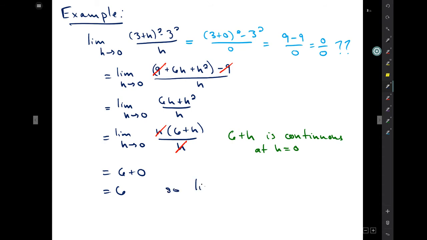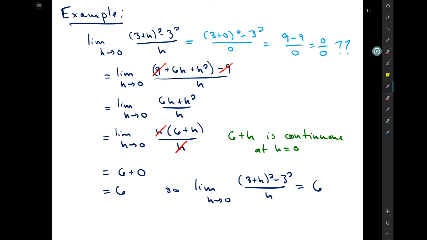So what we have is that the limit as h goes to 0 of (3 plus h) squared minus 3 squared over h is equal to 6. Now, if you've already seen how to define derivatives, this type of limit is really important when you define a derivative. If you haven't seen that yet, you will see it.